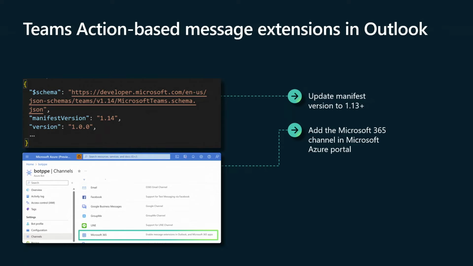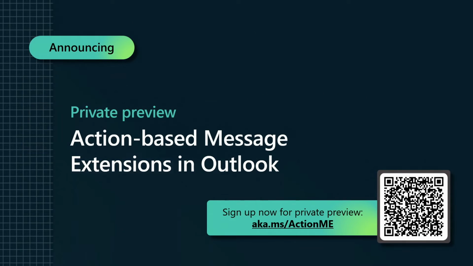You need to update the manifest to version 1.13 and higher, and then add the Microsoft 365 channel in Microsoft Azure portal, and that's it. You are good to go. Action-based message extensions in Outlook will start private preview in June, and we're inviting you to sign up for the upcoming private preview to start building these great experiences early on.